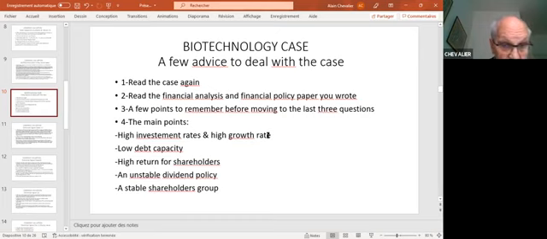They have been done, okay, so you should use them. Point 3 here, a few points to remember before moving to the last 3 questions are in point 4. Remember what are the main characteristics of this firm before going further. High investment rates, very high investment rate when you have a look at the data.